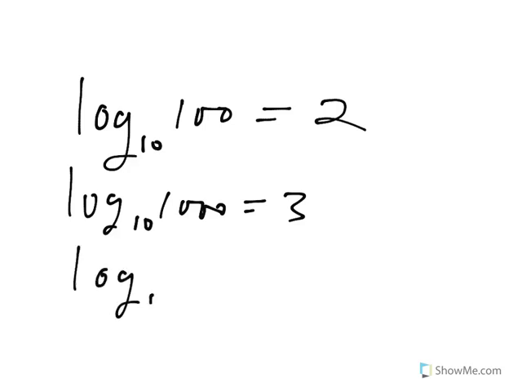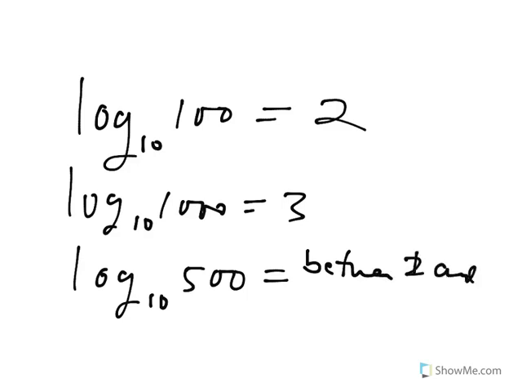But if I do log base 10 of something like 500, we can't say without a calculator what that is. It's something between 2 and 3, we know that. Seems like it's probably closer to 3, because 500 seems to be closer to 1,000, but we don't really know.